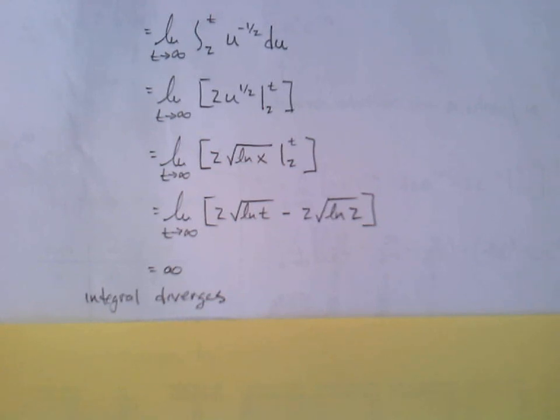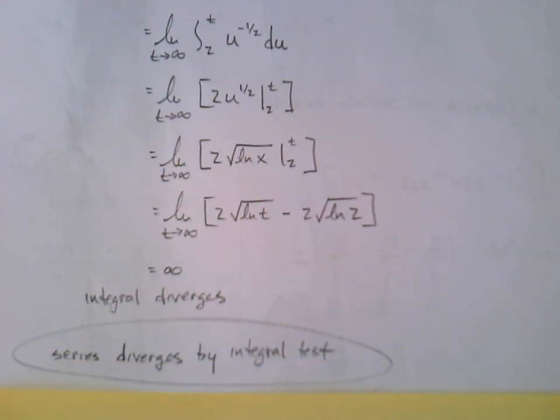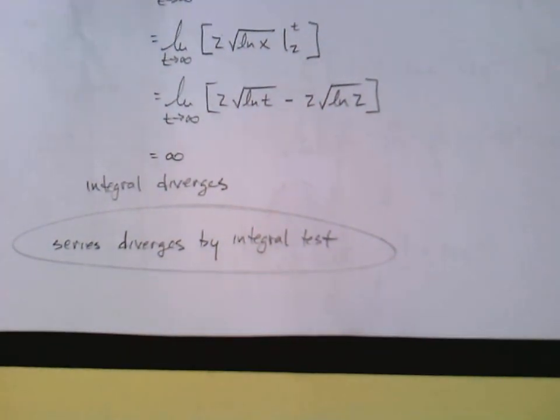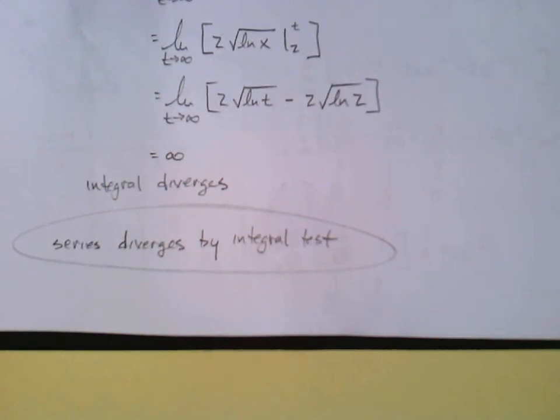It was about the series. Well, if the integral diverges, then the series must follow. That series diverges, and we're going to say by the integral test. We always want to cite the test that we use. That's just the nature of how we go about these, so everybody knows what we did.